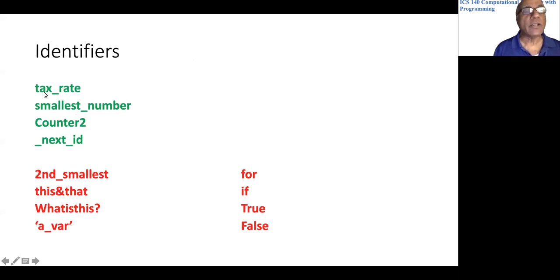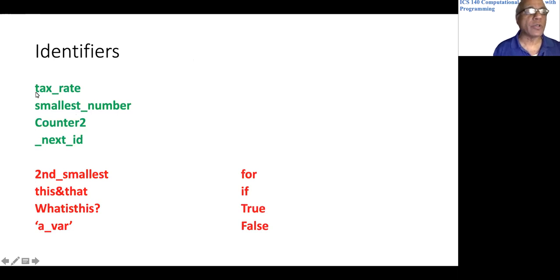So we have seen the notion of variables. Variables are created or represented by identifiers, so-called IDs. So there are rules for naming identifiers. Here are 4 identifiers in green that are all legal.